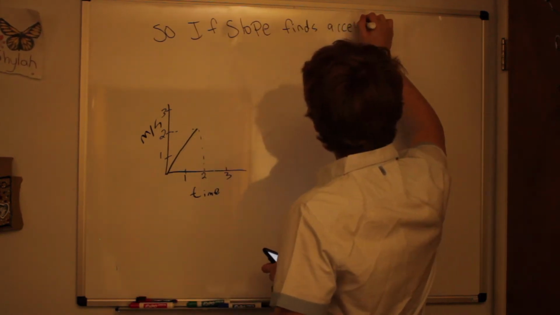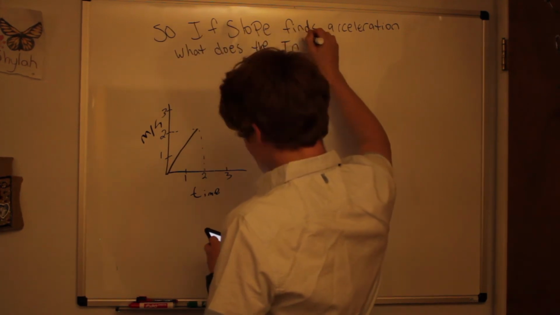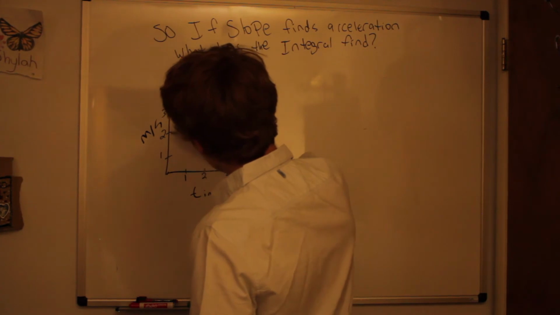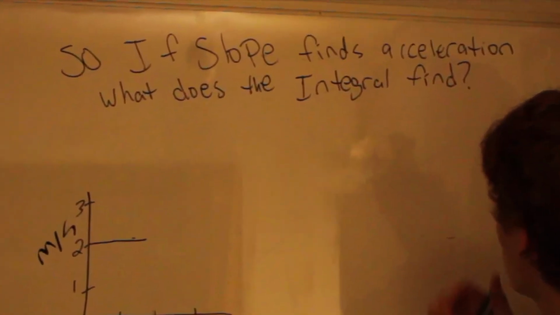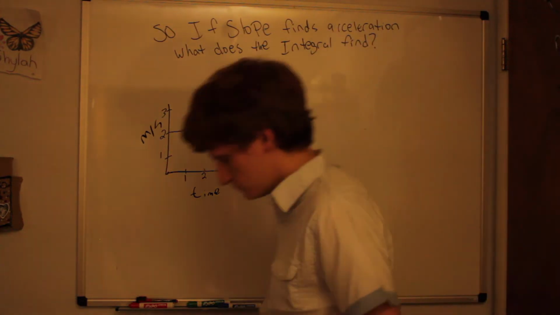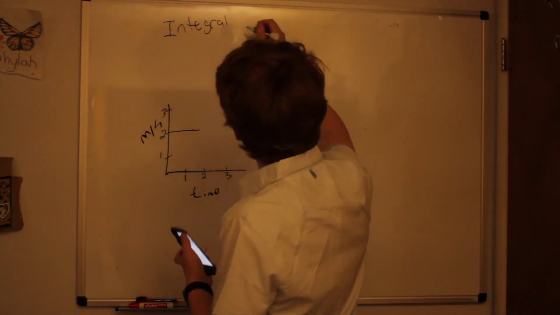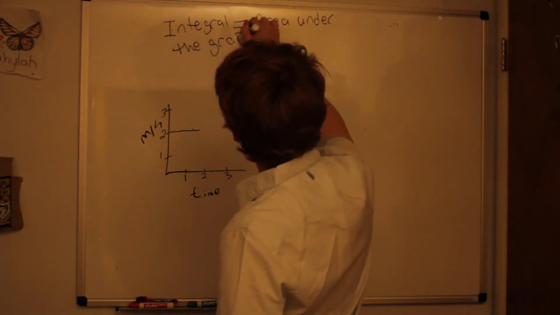So if slope finds acceleration, what does that integral find, aka area underneath the graph? If you think about it, to find area, you're using multiplication, because area is one side times another, at least in this case, because this is a square, and I wanted to keep it simple.